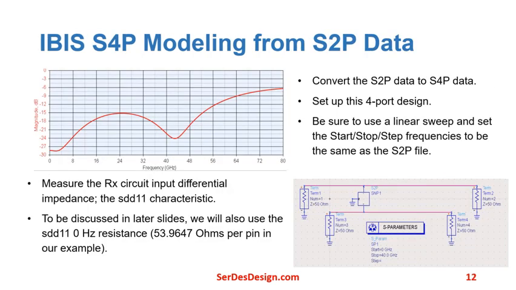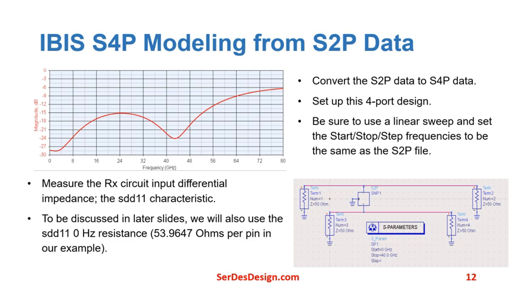Fortunately, the IBIS S4P data can be obtained from S2P data. I've used this approach with my customers for many years. All that is required is to measure the Rx input differential reflection coefficient. This is called the SDD11 characteristic. To be discussed later in the slides, we'll use the SDD11 0 Hz resistance values.